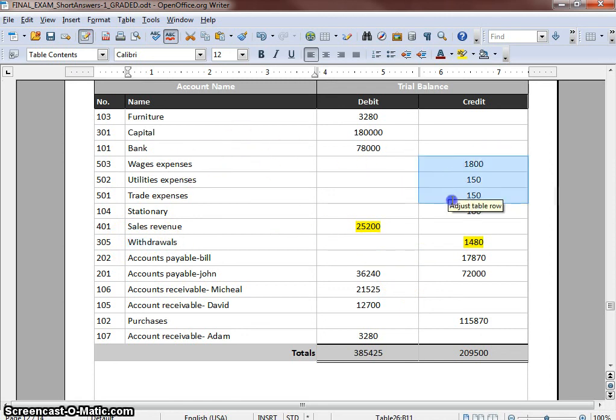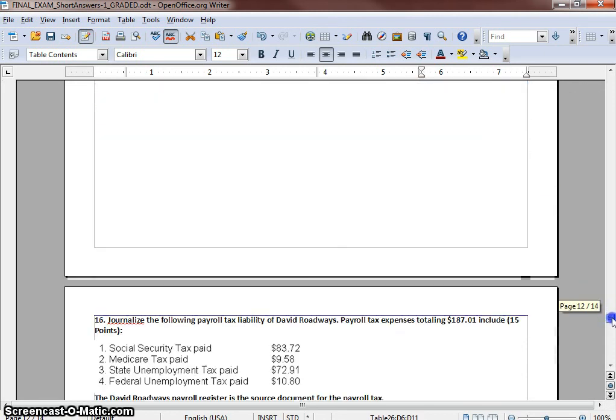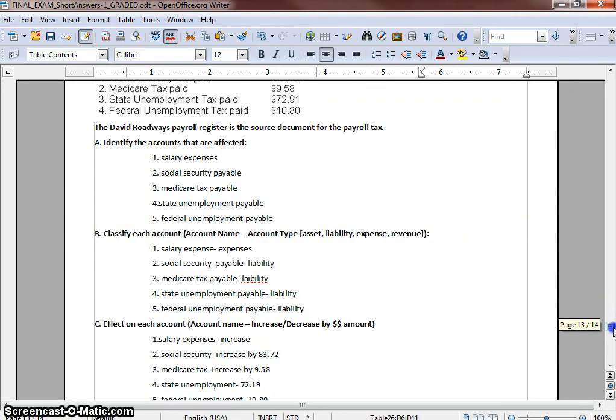Same with your expenses here. Your assets have a debit balance, as do expenses and withdrawals. Your liabilities, owner's equity, and revenue accounts have credit balances. So double check all your balances to make sure you're up to date on those.